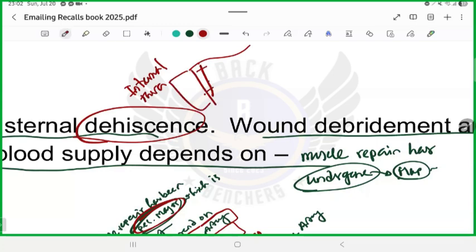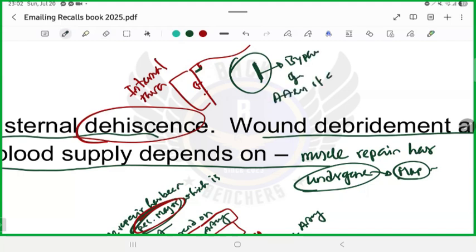The internal thoracic artery stays at the side of the sternum and gives blood supply to the sternum. We cut it and use it for bypass grafting. That's the artery of choice for bypass. Now who will give blood supply to the sternum? Additional blood supply comes from intercostal arteries and other arteries.